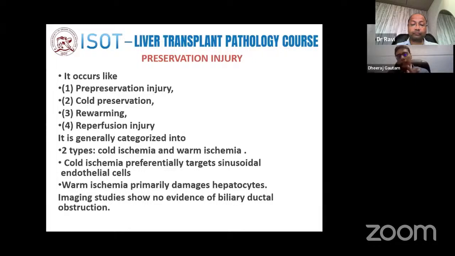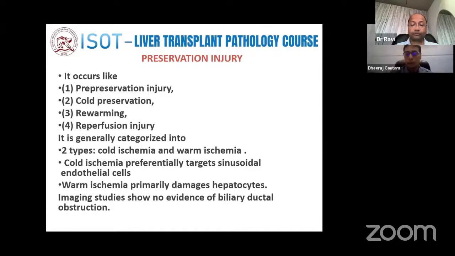It is generally categorized into two types. One is cold ischemia and second is warm ischemia. Cold ischemia preferentially targets the sinusoidal endothelial cells, and warm ischemia primarily damages the hepatocytes. So both the components, endothelial as well as hepatocytes, are affected.